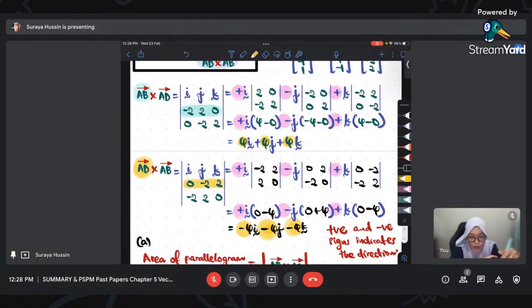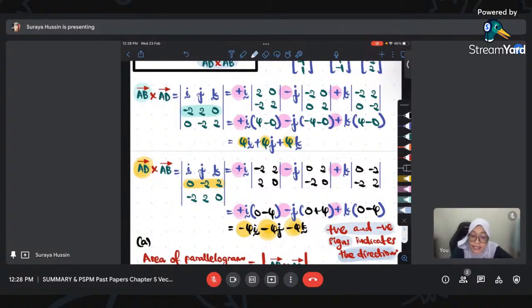That the magnitude is the same value, but only the direction yang berbeza. Faham kan? So the sign of positive and negative is just indicating the direction sahaja. The magnitude will always be the same.